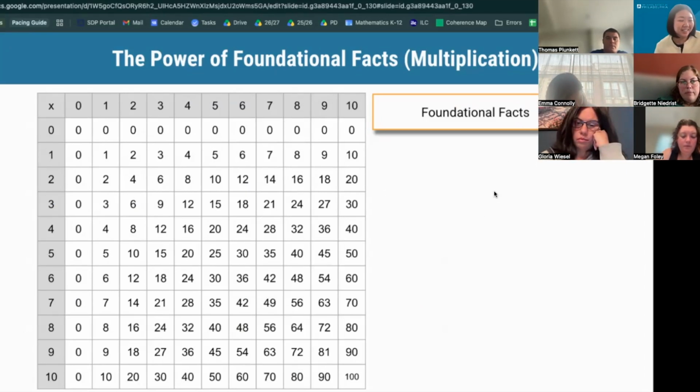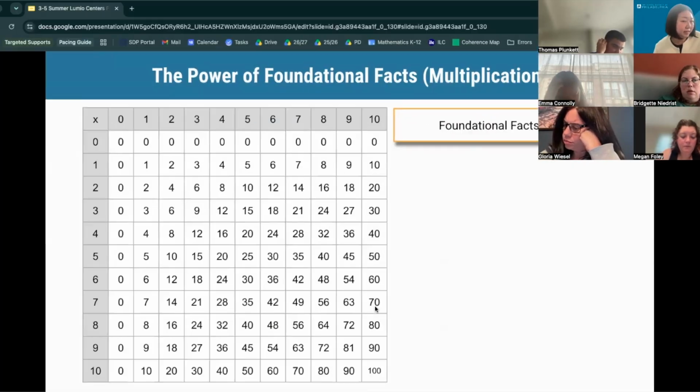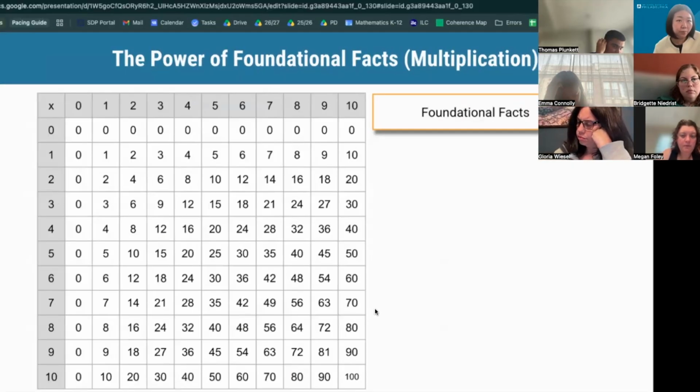I'm going to use a synonym. It's not quite exactly the same thing, but when we think about foundational facts, think about those easier facts for our students. Go ahead and take a look at these products. Which facts usually come a little bit easier for the students that you've worked with? Go ahead and think about that to yourself and then put it in the chat, but don't press enter yet.